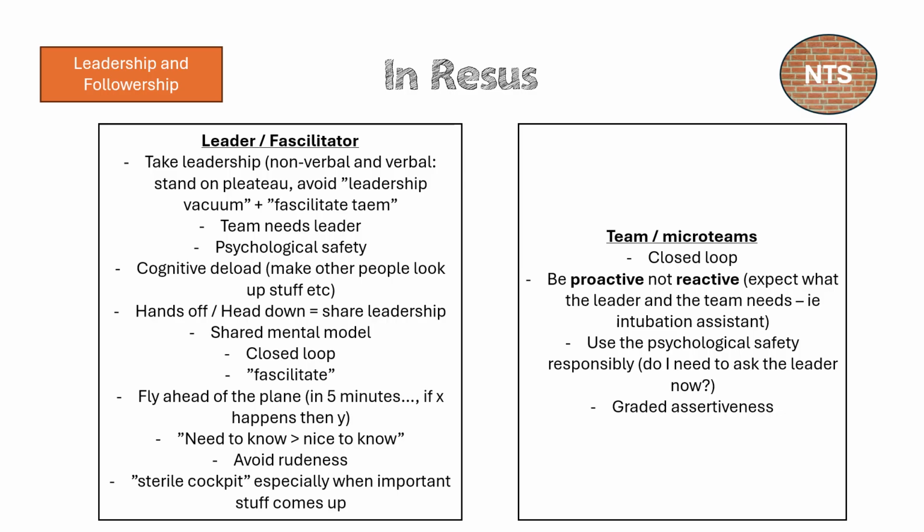So at that point, you stop being an autonomous micro team, and if you're a good team member, you have to declare to the team leader, I think we need to intubate, and then the team leader has to make the decision with the anesthesiologist whether that is now or whether we have time to resuscitate first.